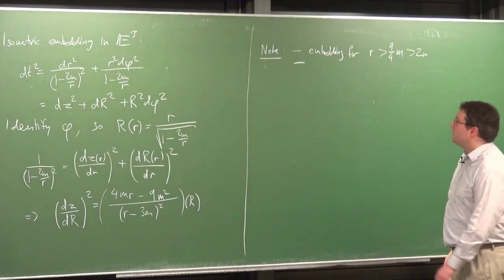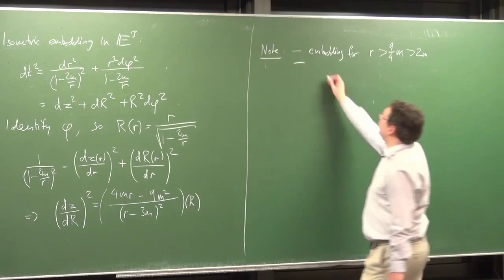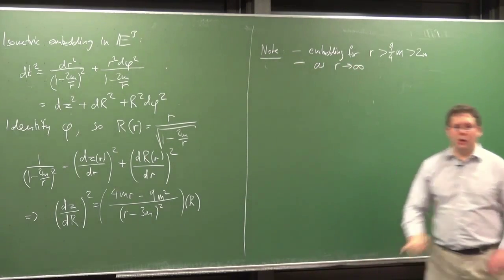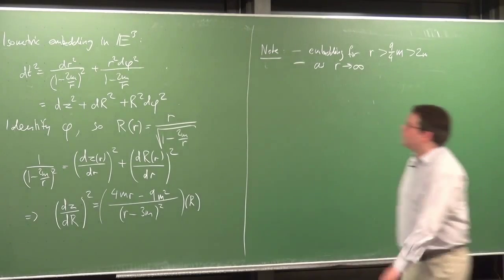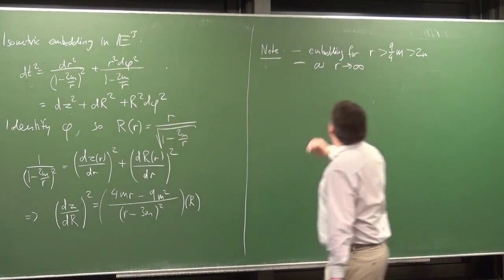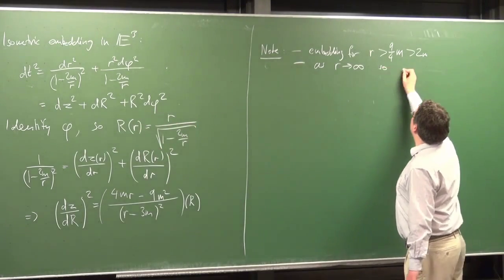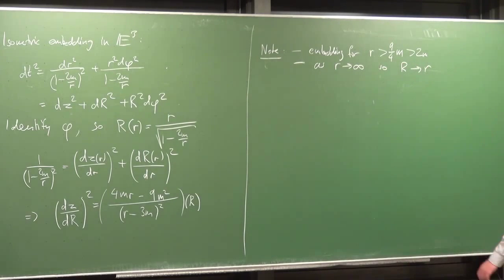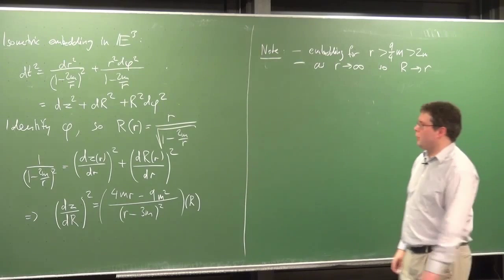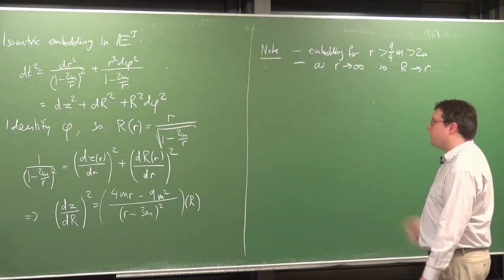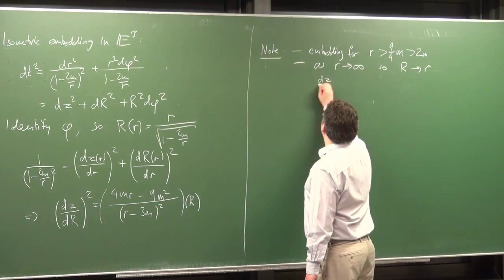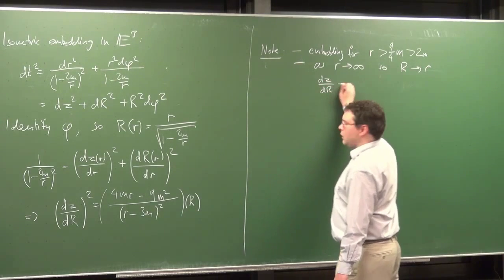What else can we see? What about the asymptotics? Let's suppose we go to great distance, a long way away from the Schwarzschild black hole. You see from this equation immediately that big R is essentially little r. They approach each other. And then we also see that dz by d little r will go to what?